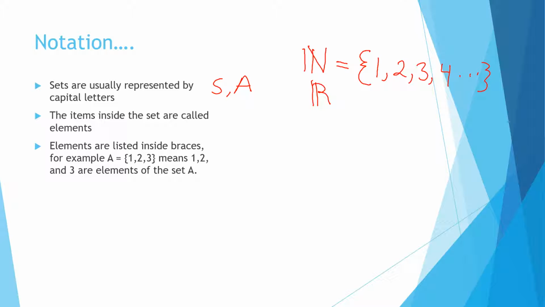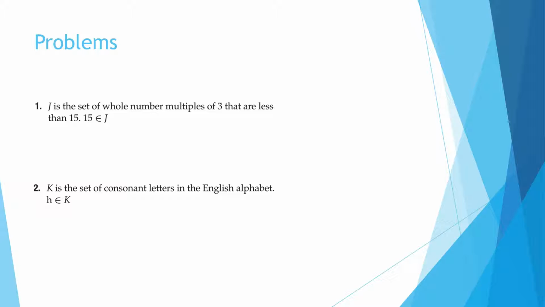All right, so let us look at some problems here. Problem number 1. J is the set of whole number multiples of 3 that are less than 15. So let's start by writing out what is J. J. This is going to be, we have to write our braces here, and whole number multiples of 3.